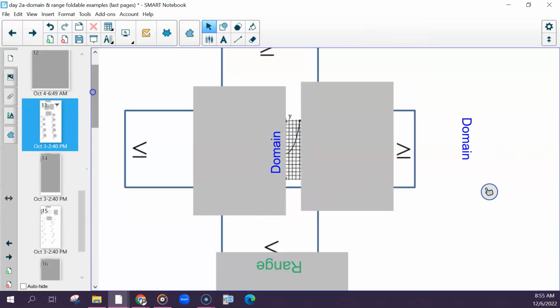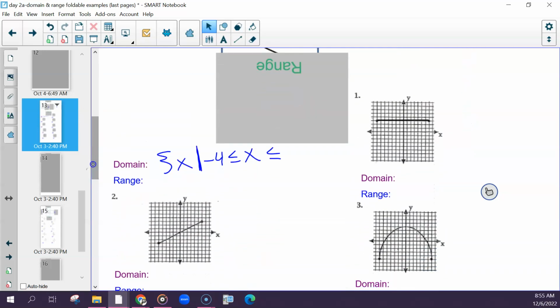And your left side go to the edge of the right of the graph. How far to the right does the graph go? On the right side, +4. So that means in our domain, that last number is going to be 4.